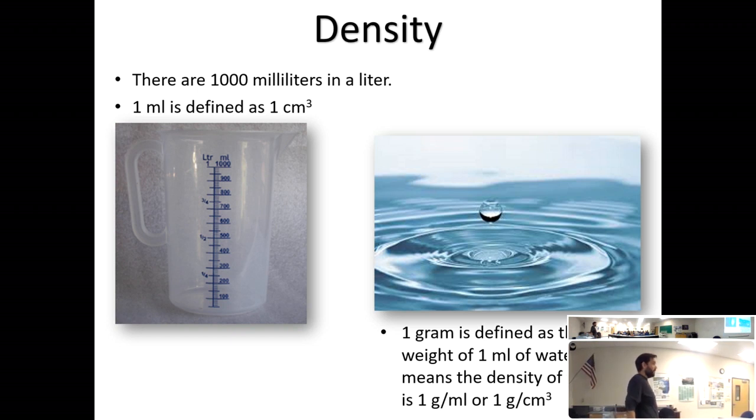Yeah, the density will be less, because things that are less dense float. So that rock that plummeted to the bottom of the water, does that have a density greater than 1 or less than 1? Greater than 1. So things that have greater density sink. Things that have less density, less than 1, are going to float in the water.